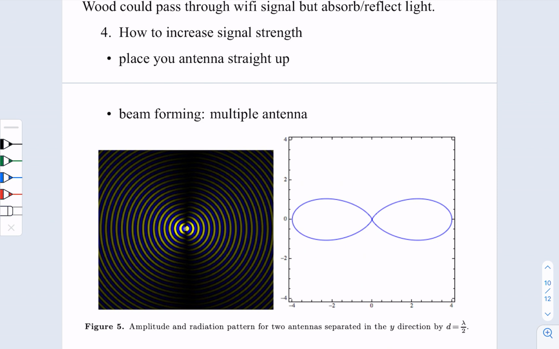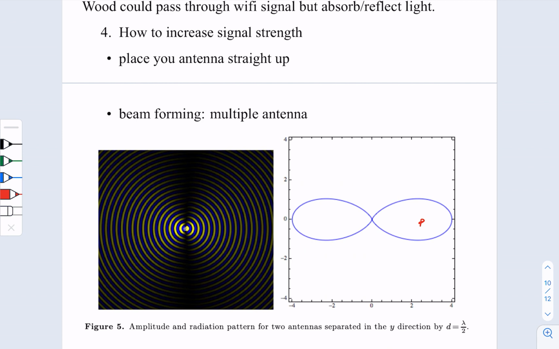But say that we have multiple antennas. Even though we have the same output power by integrating over all space, we can concentrate that power into the region of interest. Say that our device is exactly located at the point or the lobe over this place, the signal will be boosted, and not only by a factor of 2, but by a factor of 4.